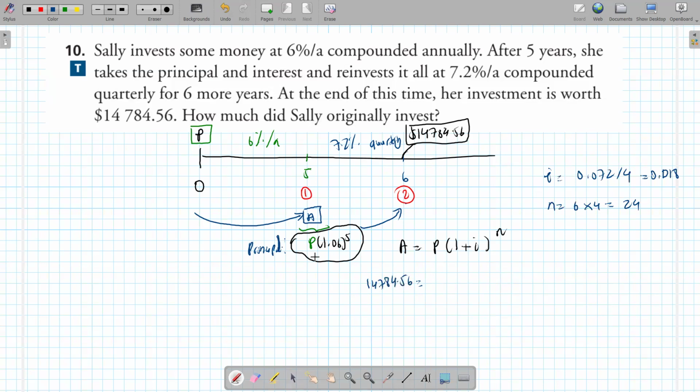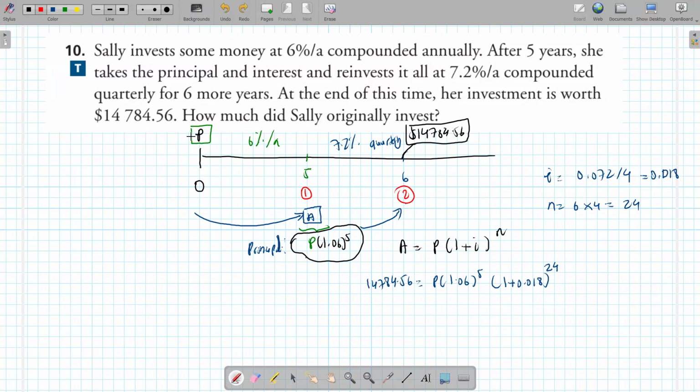Our principal amount at this point was P times 1.06 to the power of 5. Now it's going to be 1 plus 0.018 to the power of 24. So again, your principal is this. That was the final amount right here. And this is the new coefficient that you multiply with to get the amount after 6 more years.